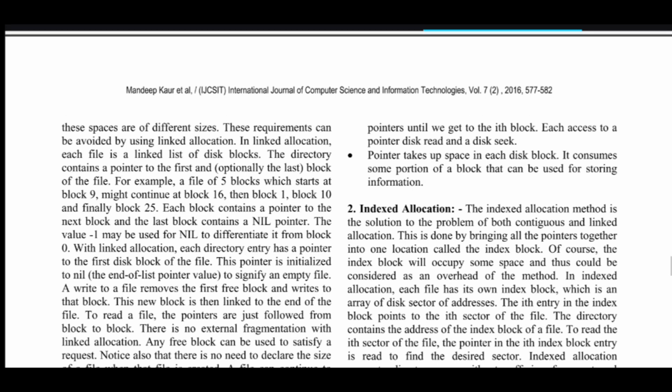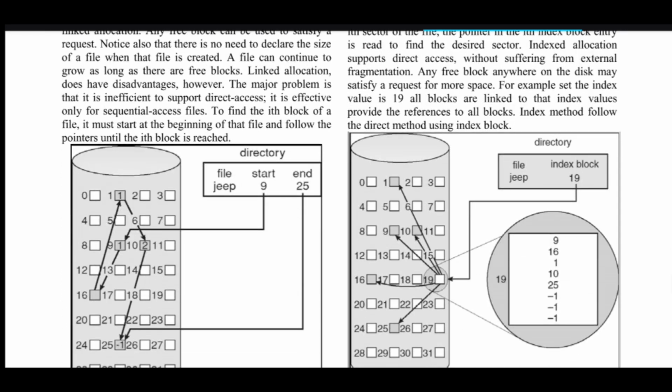What do we mean by linked? Linked means one file has some data and the address of the next data. Let's say these are the data of one file.